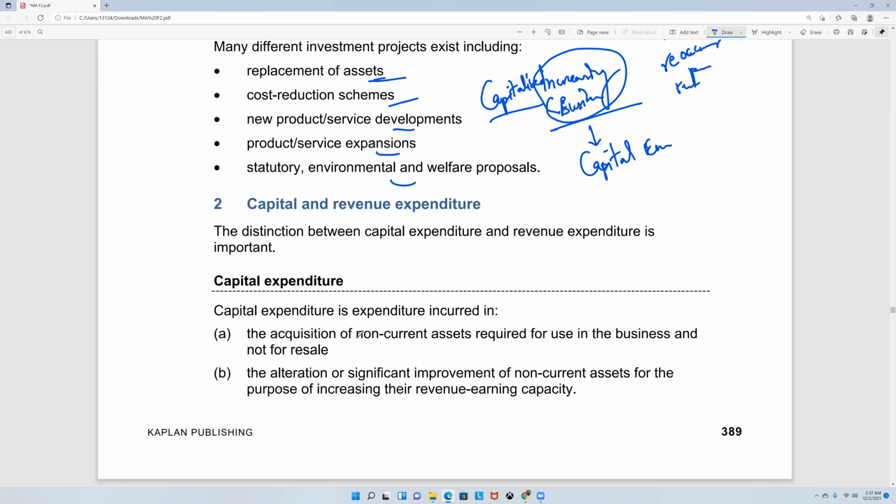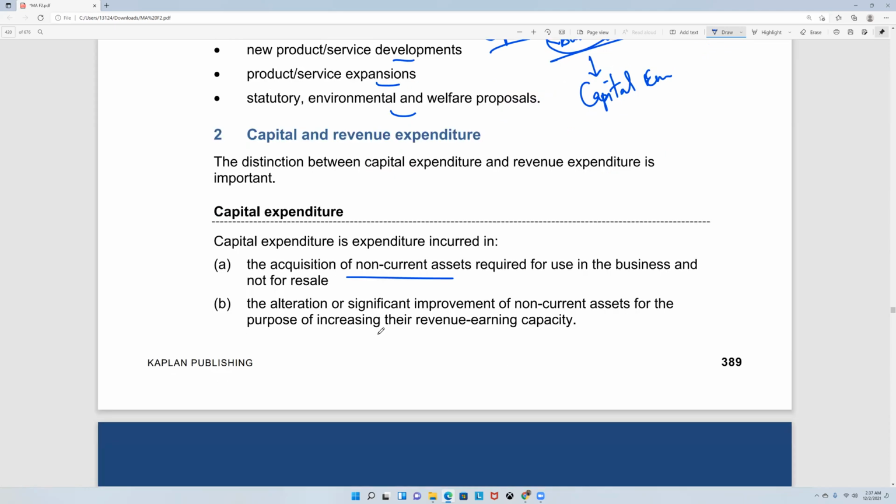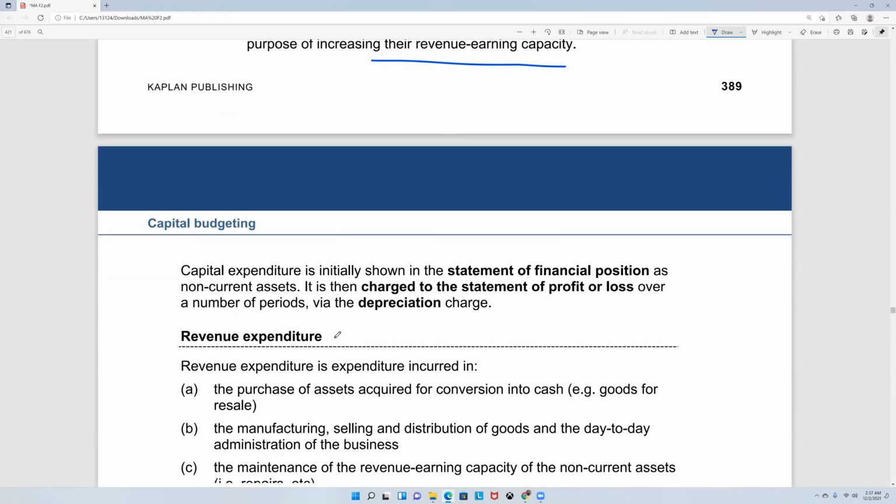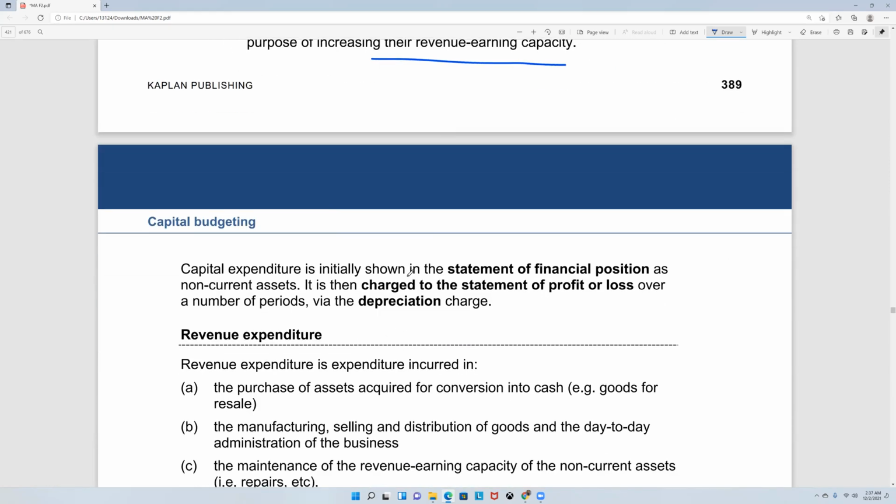Now just look in here. Capital expenditure occurs on acquisition of non-current assets, not for sale goods; whichever expenditure you do, that will be counted as capital expenditure. Also the alteration or significant improvement of non-current assets for the purpose of increasing their revenue earning capacity. Capital expenditure is initially shown in the statement of financial position.